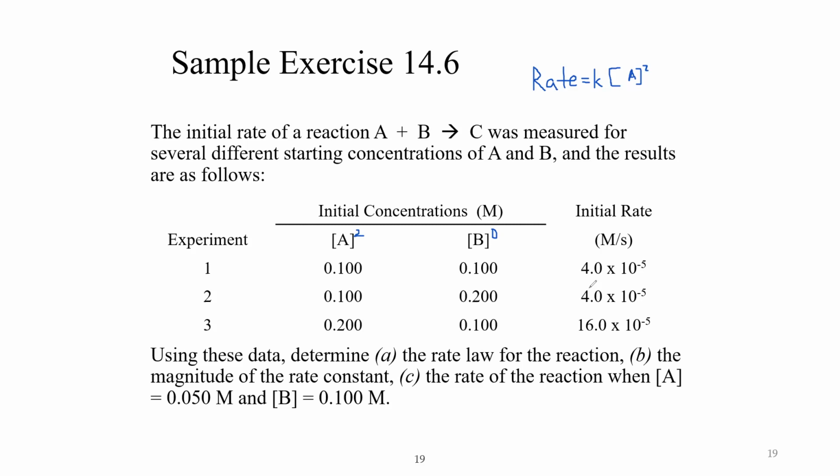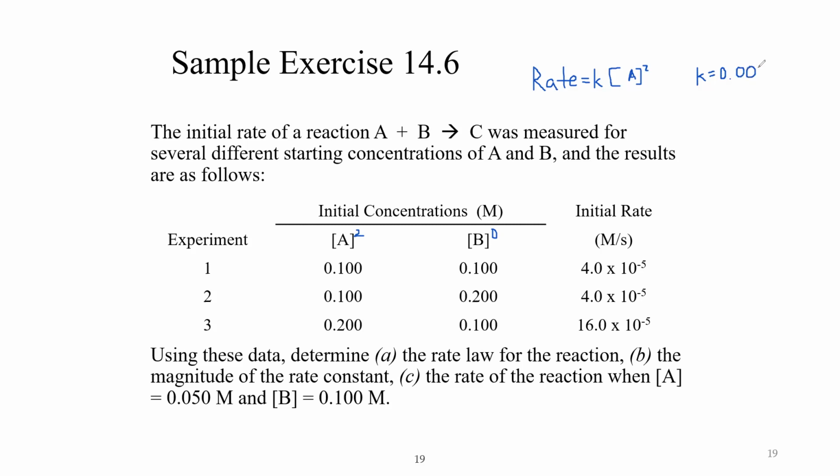So 4.0 times 10 to the -5, and then we're going to divide it by 0.1 squared. What we're going to see is that k will be equal to 0.004.